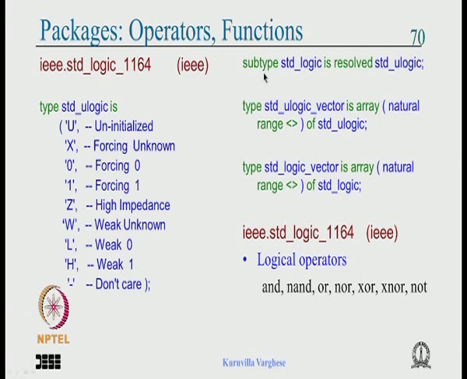And we have a subtype called std_logic, which is a resolved version of std_ulogic. I have briefly mentioned earlier that resolved means when multiple std_ulogic signals drive a bus, the resolution function tells what the resultant value is.